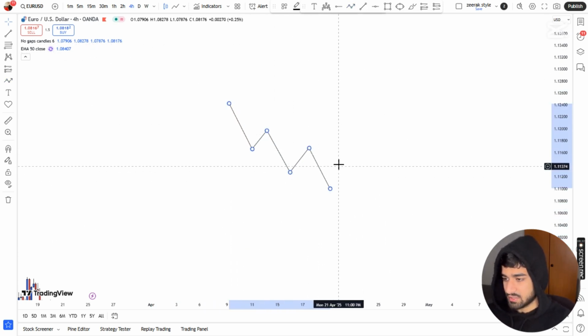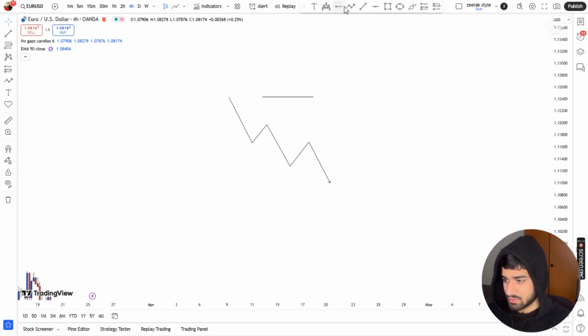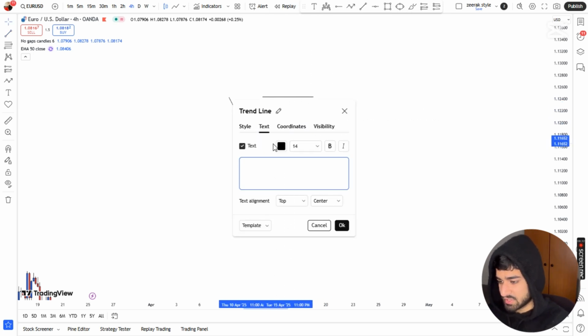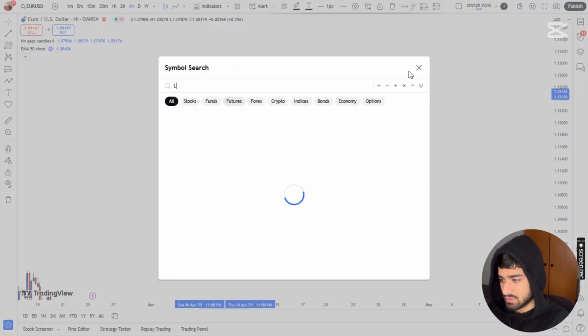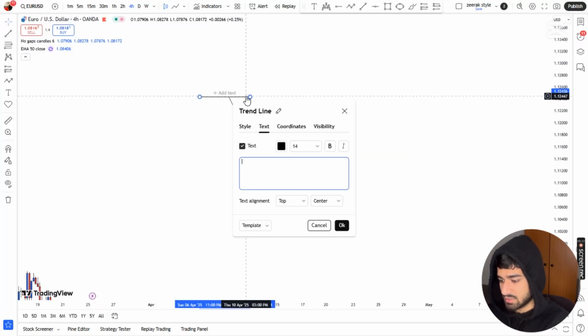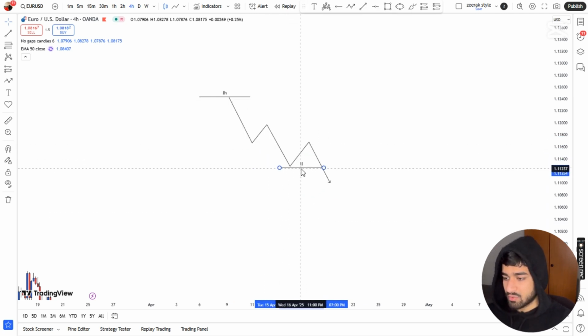So easy. So you will take two lines like this. Let's suppose this is the lower low, this is the lower high. Whenever we broke to the downside, this becomes the lower low.